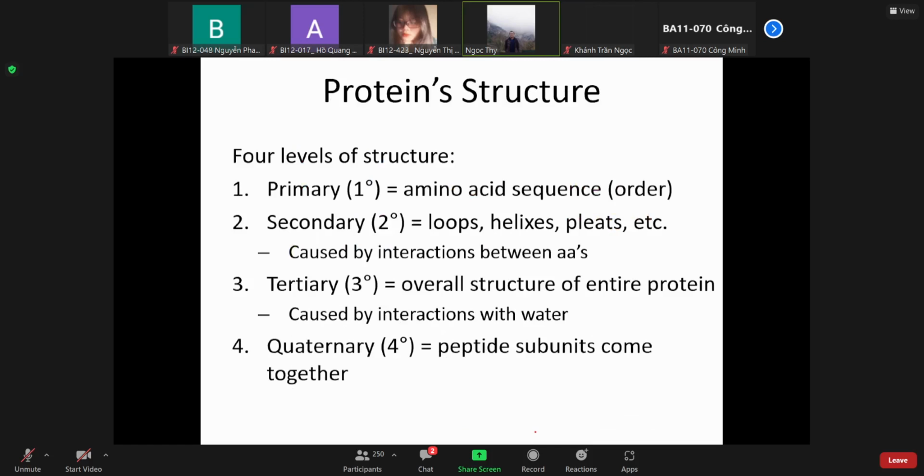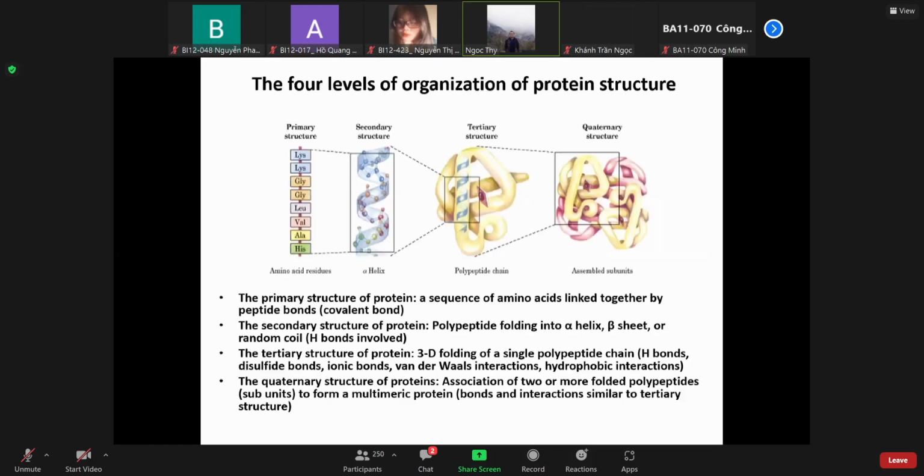The second one is a loop here, for example, formed by hydrogen bonds from one amino acid to another, to form the alpha helix, which is the helix structure here, or sometimes another structure called the beta sheet. It's like a sheet of paper.